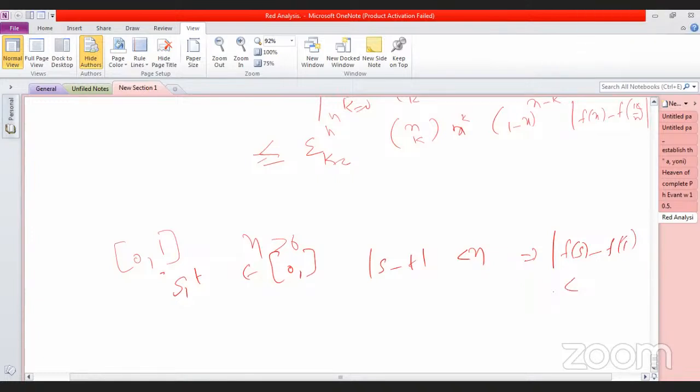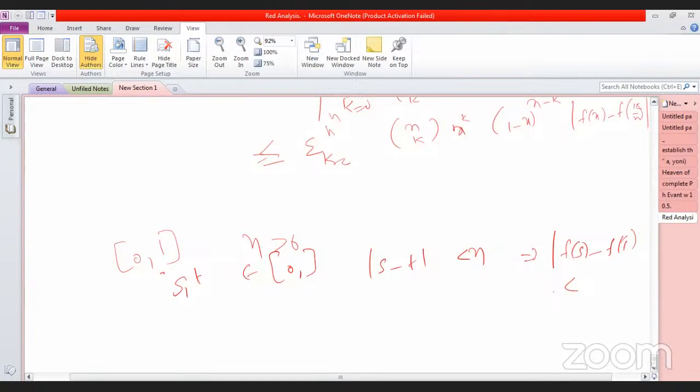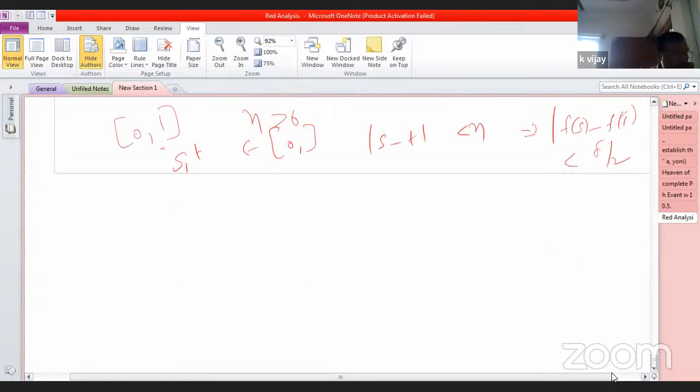Why? Epsilon by 2, greater than 0. Between 0 comma 1 is the condition. I have already told you before that the between 0 comma 1 condition is the result.